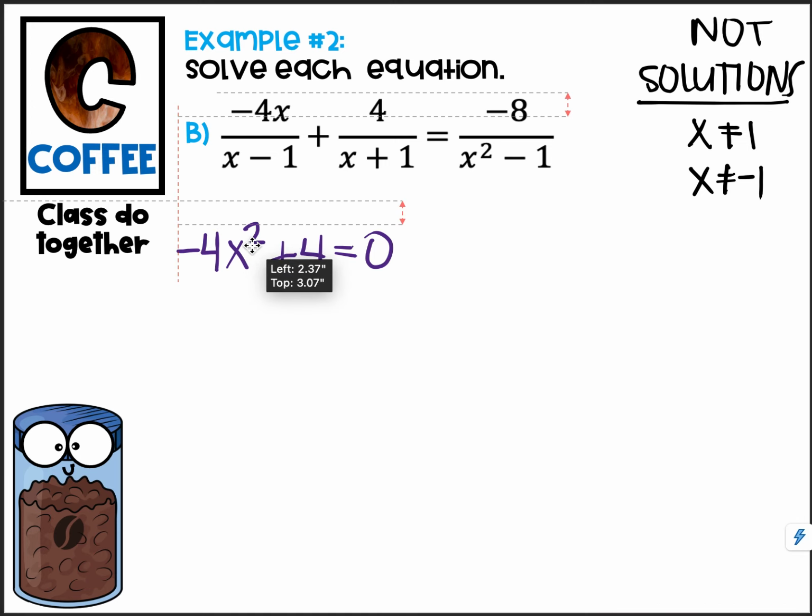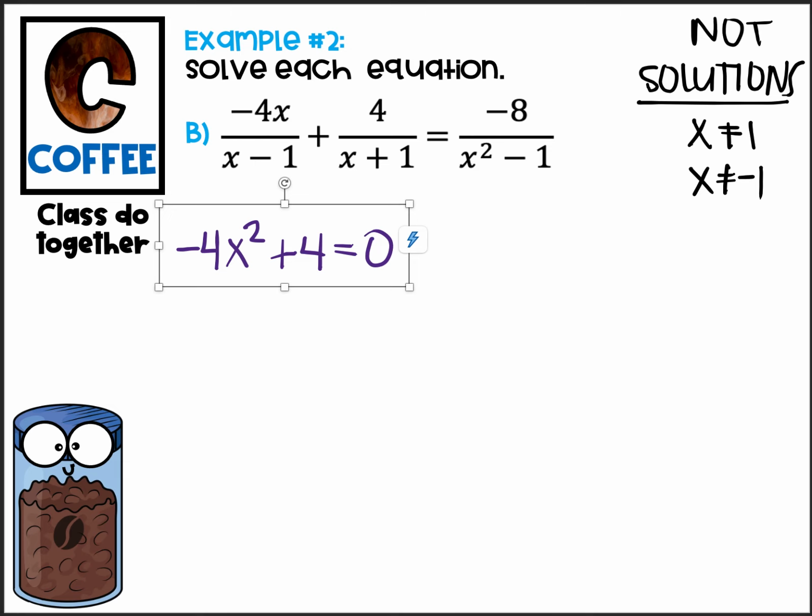From here, I'm still pending to solve for x. I'm going to factor out the greatest common factor, which in this case is negative 4. In other words, I'm going to divide both terms by negative 4.